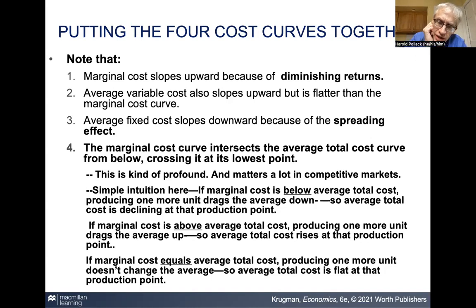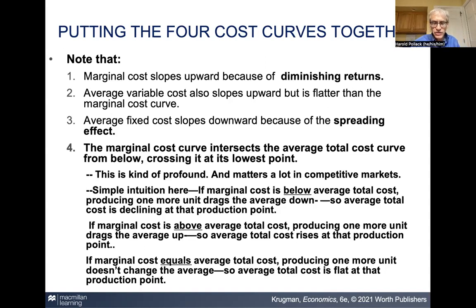So there's one point where the average total cost curve is going to be flat, and that's when the marginal cost of producing another unit is exactly the same as the average. Then it's not pushing that average up or down. And so the point where that average total cost curve is flat is exactly the point where the marginal cost curve is touching it.